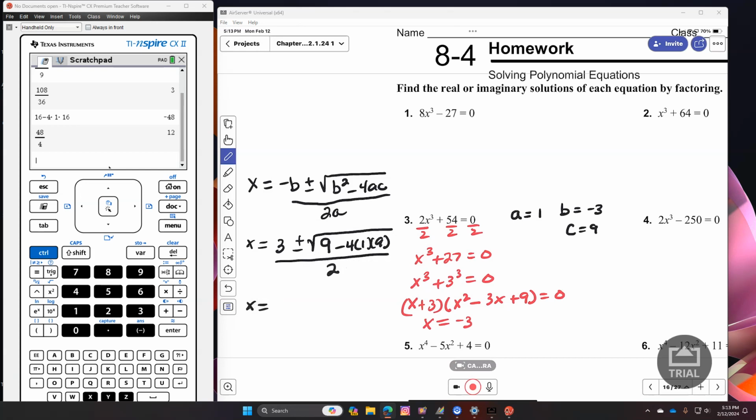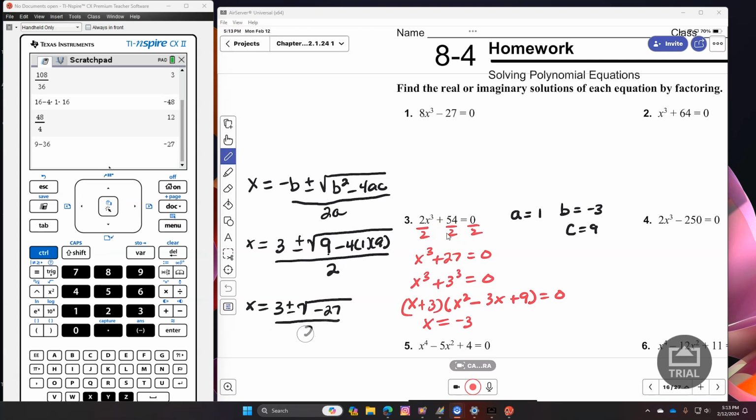So we have x equals 3 plus or minus the square root of 9 minus 36. That will be negative 27.